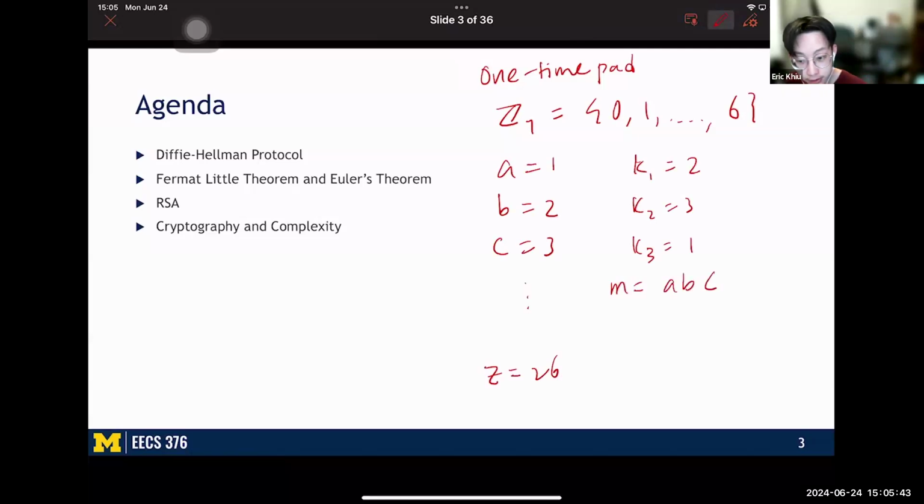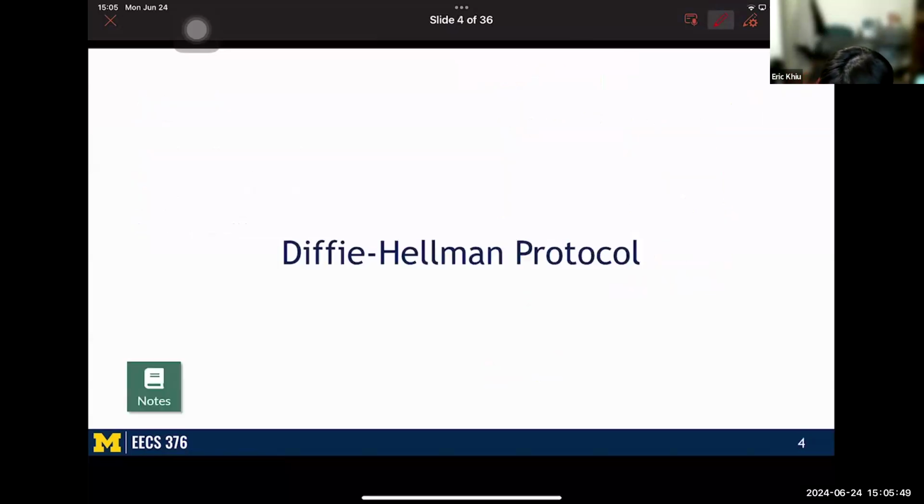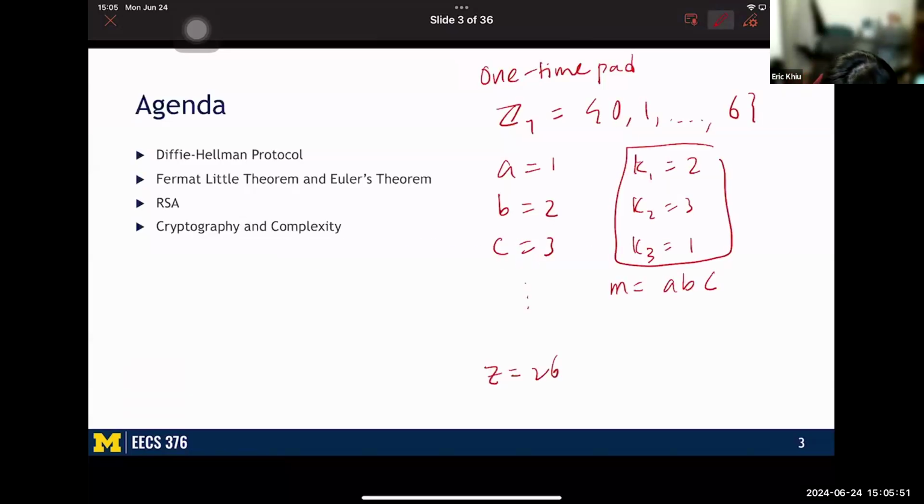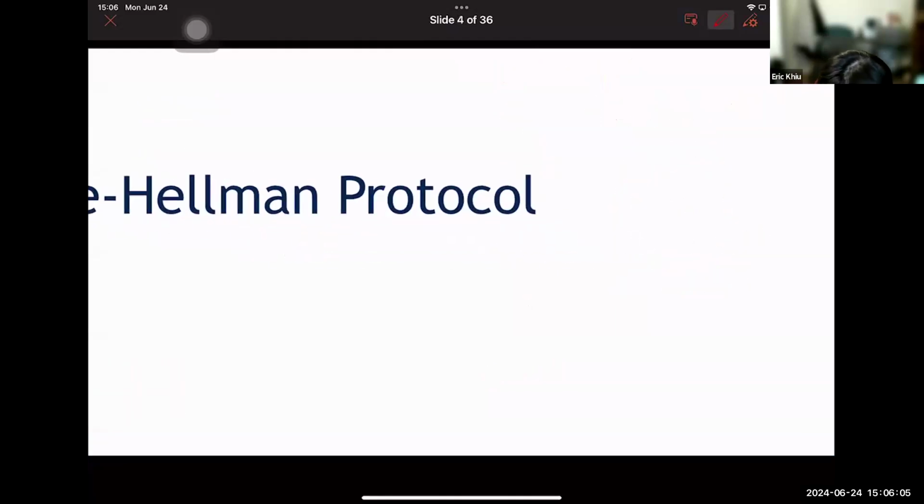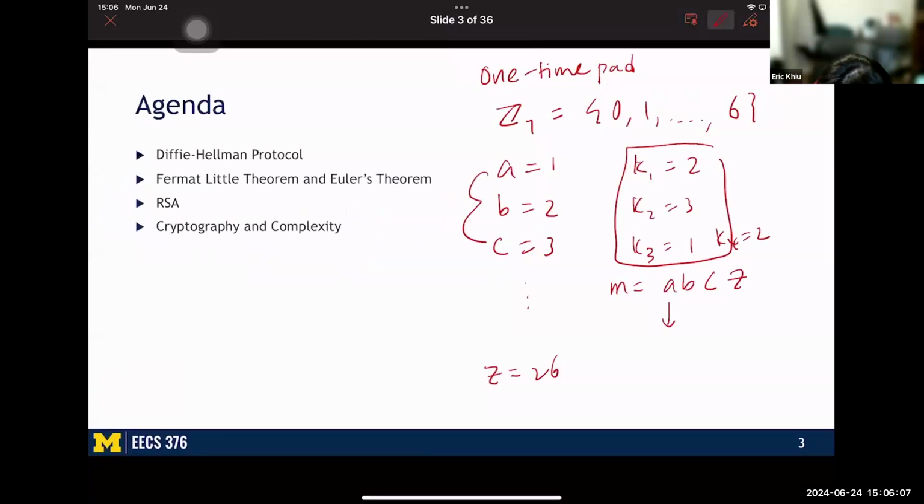So what I do is make a shift based on the Kis, right? Let's say the message is ABCZ, and then K4 is 2. So for A, I'm gonna shift 2. You can see this as 1, 2, 3, 26.